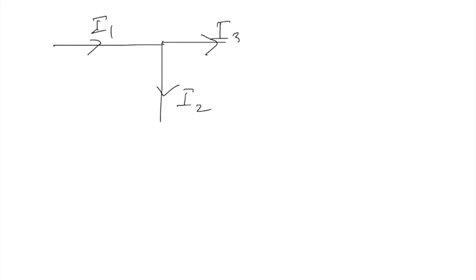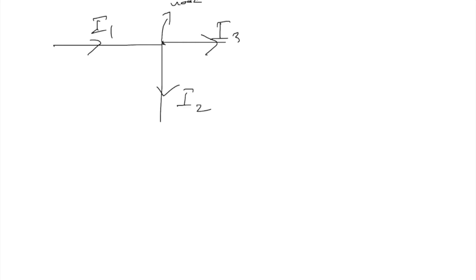So if you have a circuit something like this, with a node and three currents, I1, I2, and I3, just by visual examination you can tell the current entering the node.